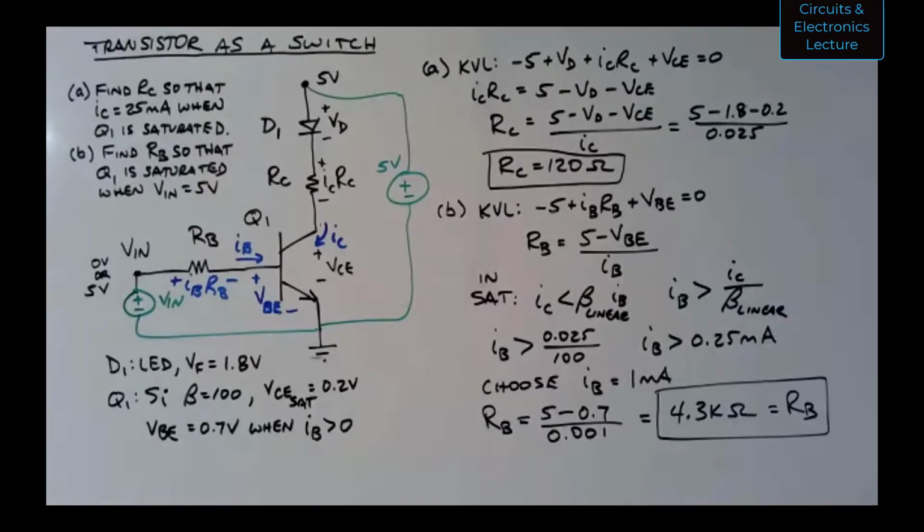So in the homework, when it says to find RB so that the current going through is 1 milliamp, is that basically just this step done for us? Or is that giving away too much? In the homework, I think it says whether the transistor is saturated or not. I think you have one problem where the transistor is saturated and one where it's not.